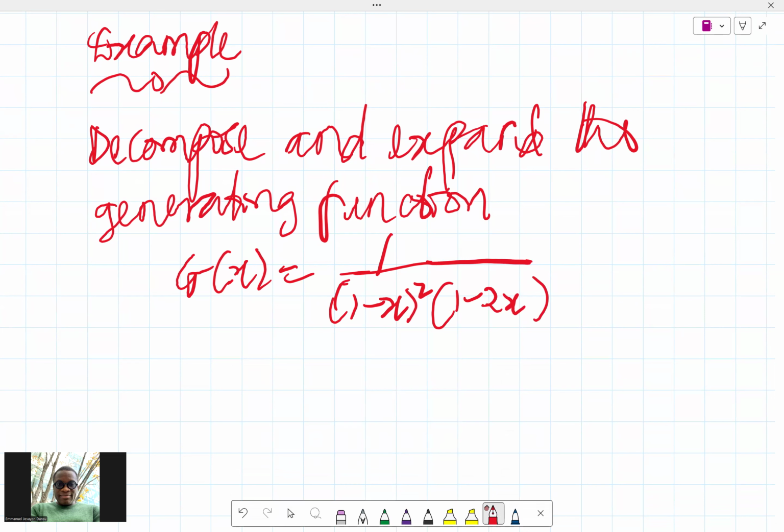Okay, so this is a generating function. We need to decompose and expand that.